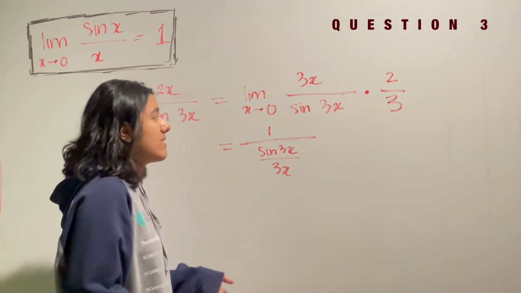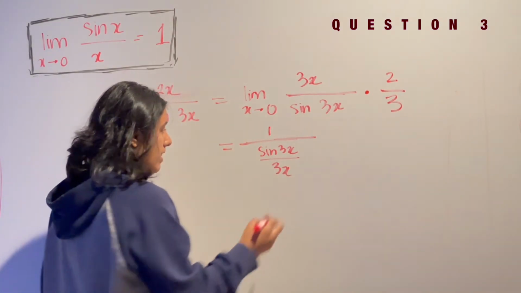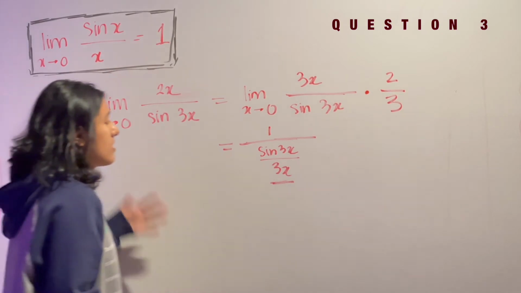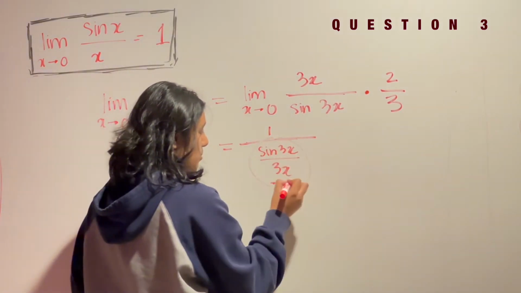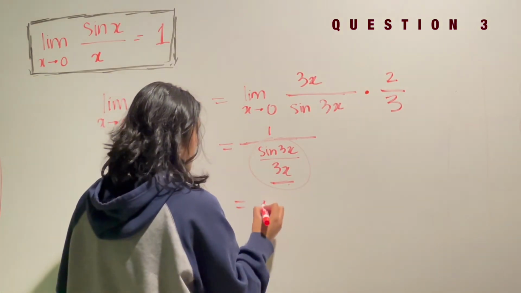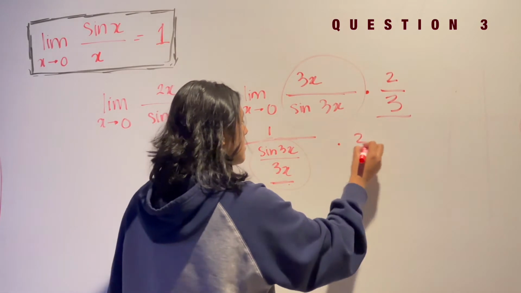Now, you see what I've done here. I essentially flipped this and put it underneath 1. This looks a lot similar to this formula right here. So essentially, we know that this is equal to 1. And 1 over 1 is simply 1, right? So we're going to do 1. Now this part is solved. And now let's bring back our constant.